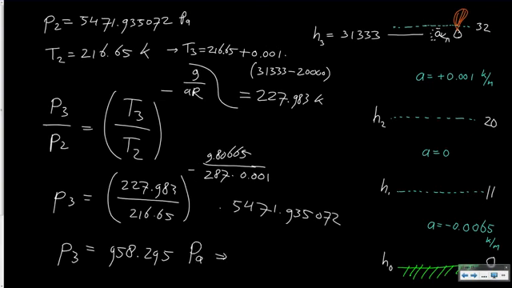And using the equation of state, we can also calculate at this altitude the density, which is also incredibly low, 0.0146 kilogram per cubic meter.